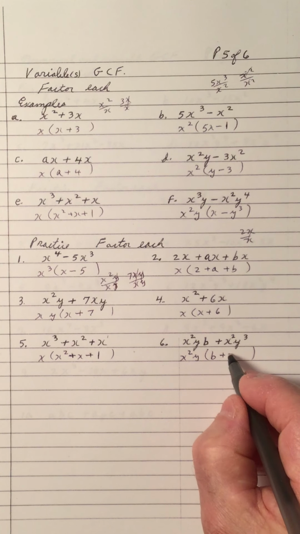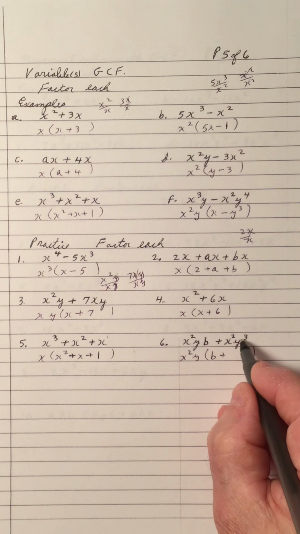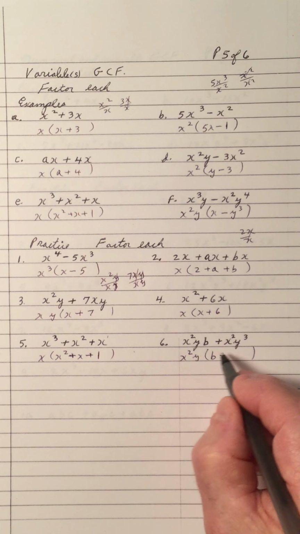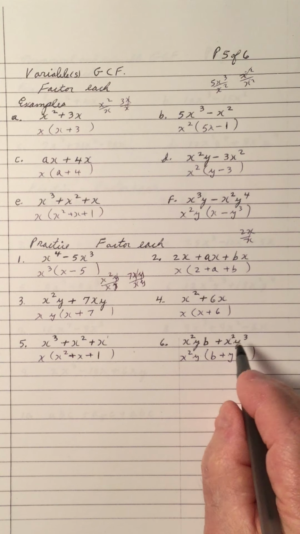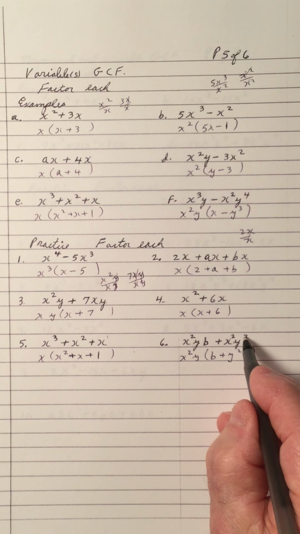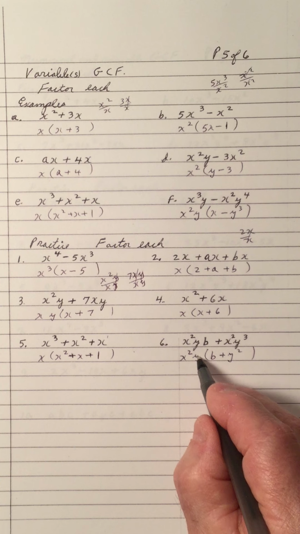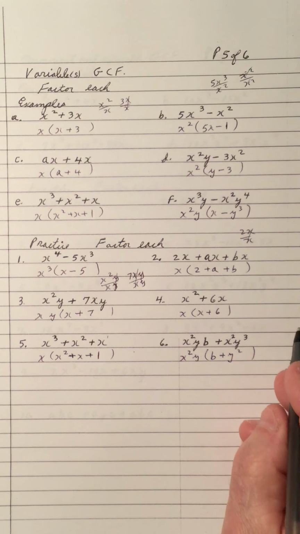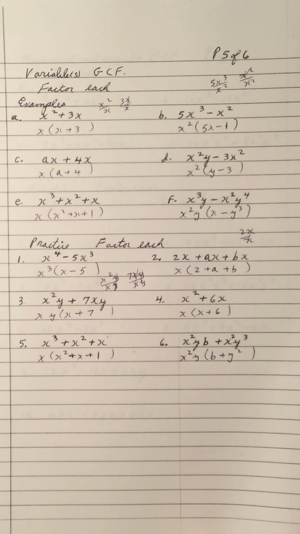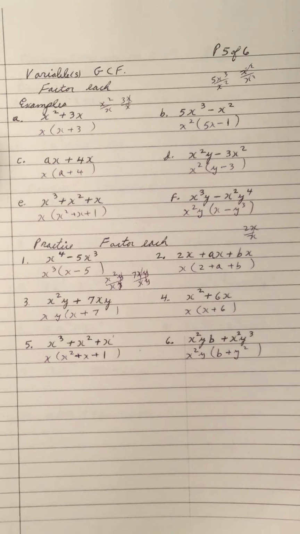We have the x squared, so we don't need any more x's. And y cubed divided by y is y squared. In other words, when we divide, 3 minus 1 is 2, or I have 1 y, I need 2 more to get the 3. It's another way of saying it. So that's the variable GCF.